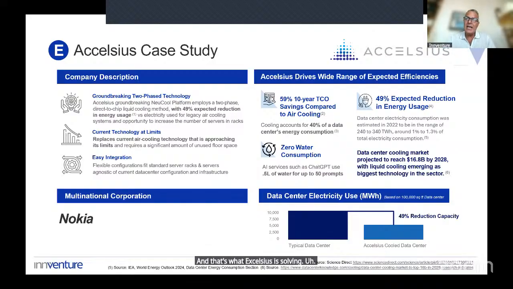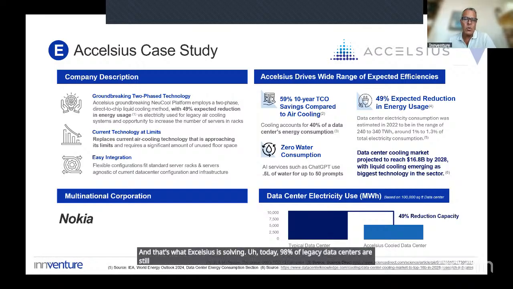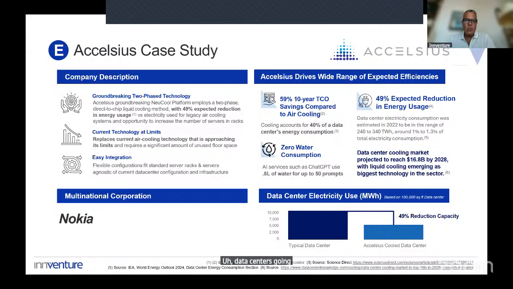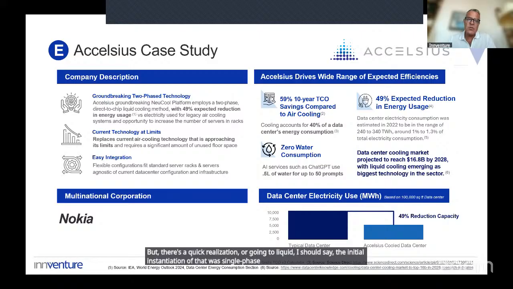Today, 98% of legacy data centers are still cooled with air conditioning. Data centers going forward will be moving to single phase water, but there's a quick realization, or going to liquid, I should say. The initial instantiation of that was single phase water, but there's a quick realization that that's not an effective long-term solution.